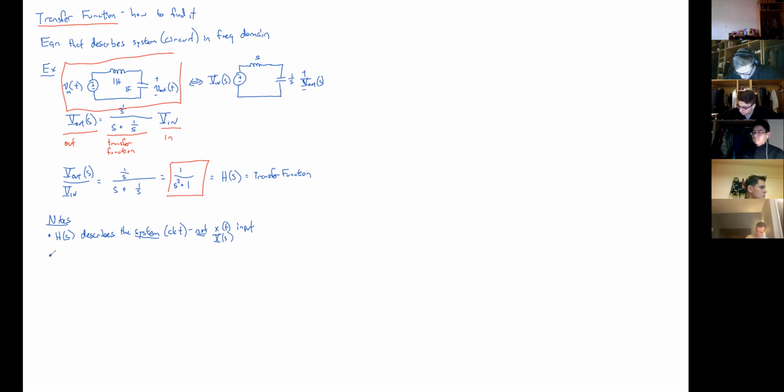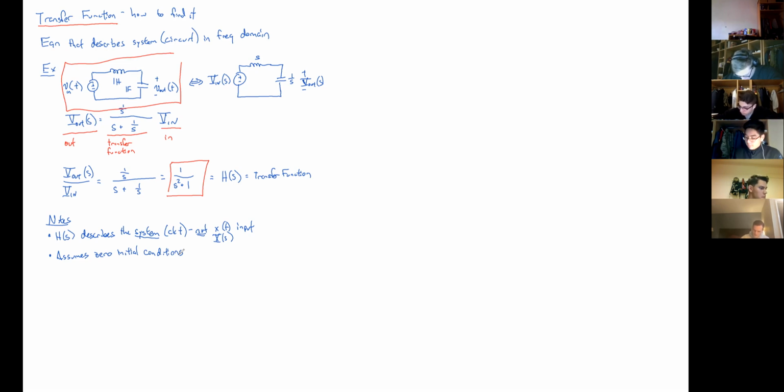And because it describes the system and is not at all describing the input, it's got to assume some sort of initial conditions. And the initial conditions it assumes are 0. It assumes that the capacitor and the inductor are originally discharged.